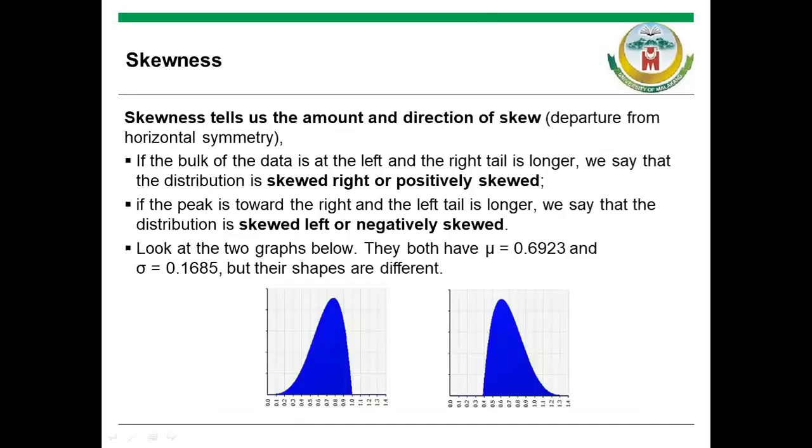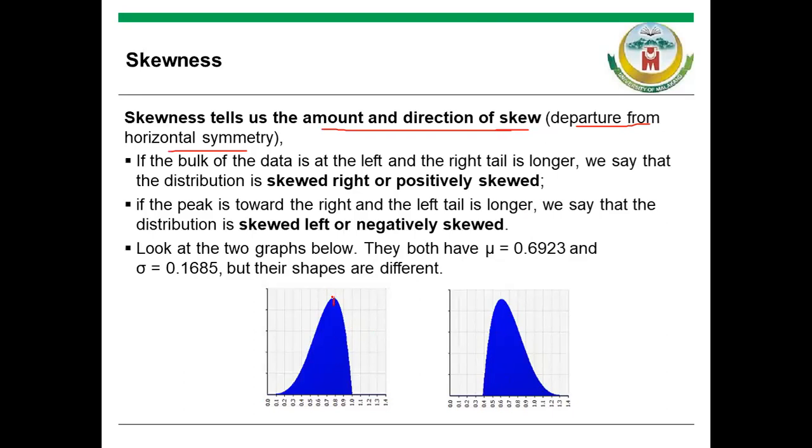Now skewness. So skewness tells us the amount and direction of skew. And what is skew? Skew is departure from the horizontal symmetry. So skewness means bending.